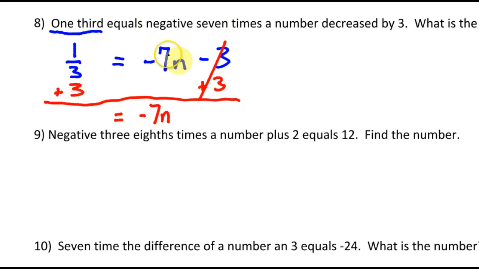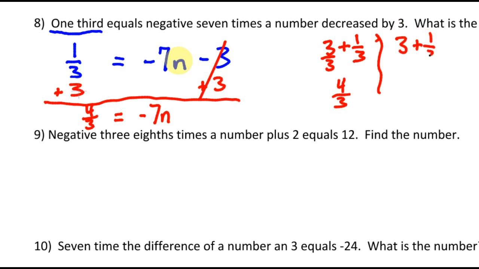Let's go off to the side. Two ways of doing this. You can either say, well, 3 is the same as 3/3, and then you get 3 plus 1 is 4 thirds. That's one way. Or you can remember that 3 plus 1 third is the same as 3 and 1 third. And convert.